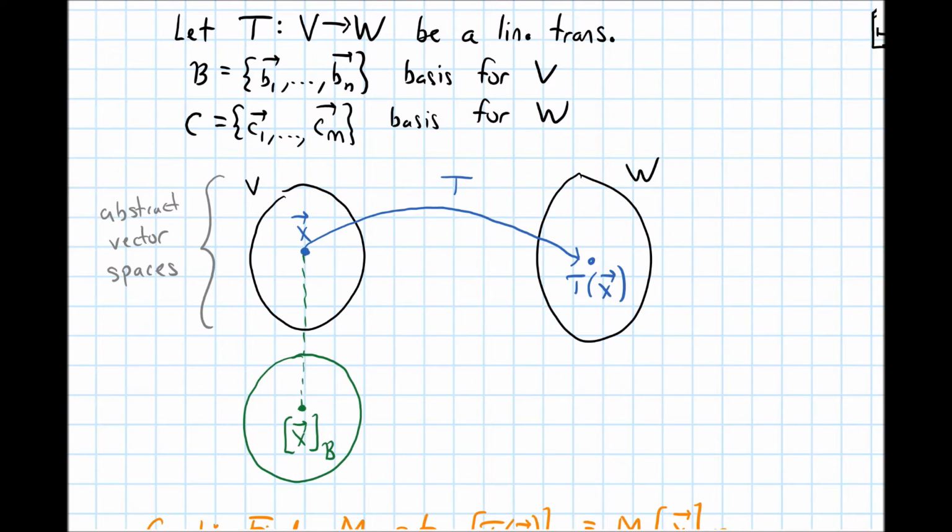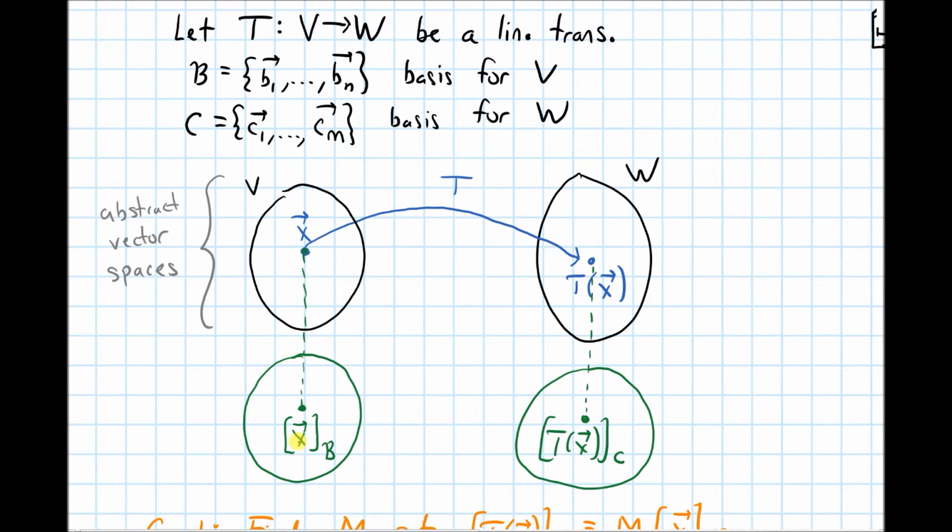We could do the same thing for this output, T of x. We could think of that in terms of its coordinate vector. So this is going to be T of x's coordinate vector, but the basis for W was C. So this is going to live inside some circle.